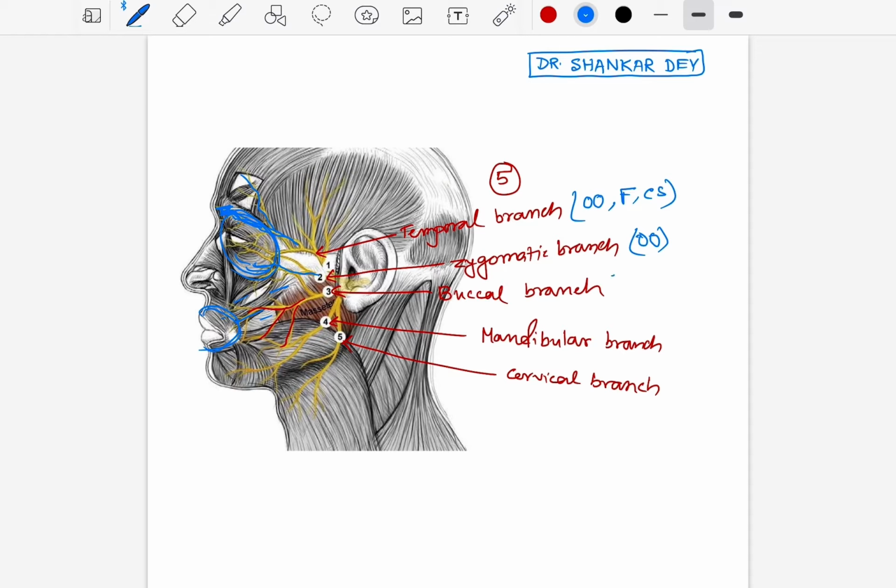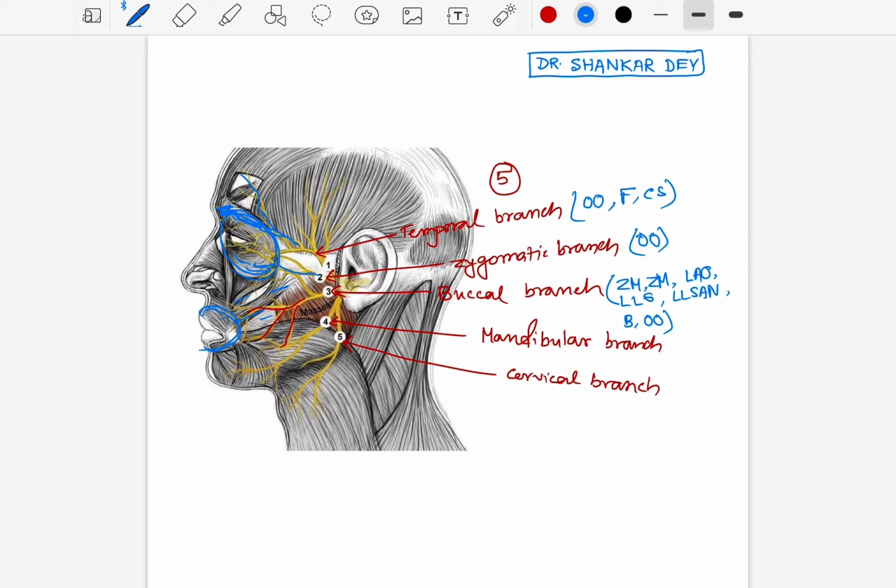So what are the muscles? Zygomaticus major, zygomaticus minor, levator anguli oris, levator labii superioris, levator labii superioris alaeque nasi, then buccinator muscle, then orbicularis oris muscle. These are the muscles supplied by the buccal branch.